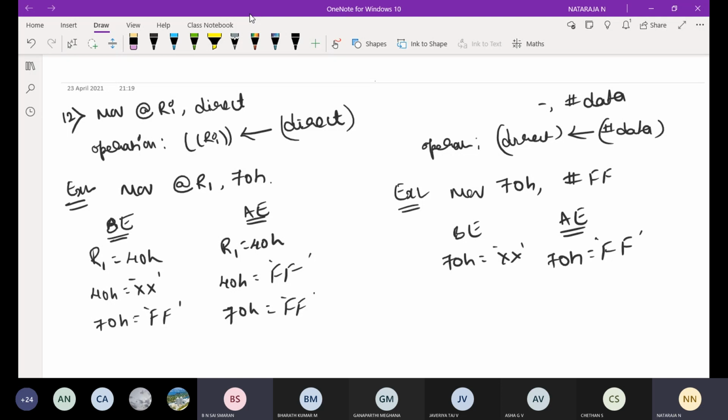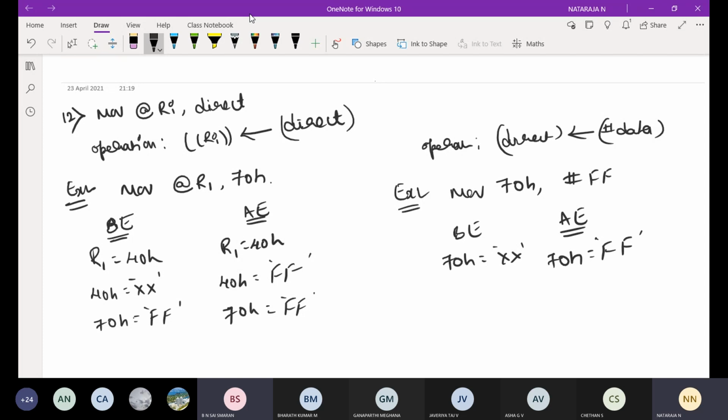Sir, the 12th one and the 10th one, both are the same, no, sir? Apart from the operation, the example is the same, no, sir?